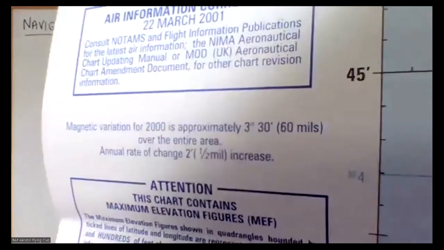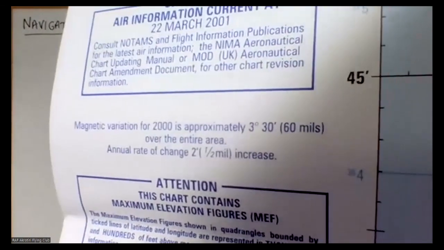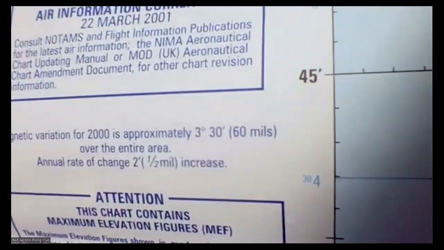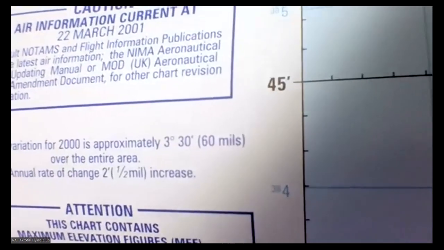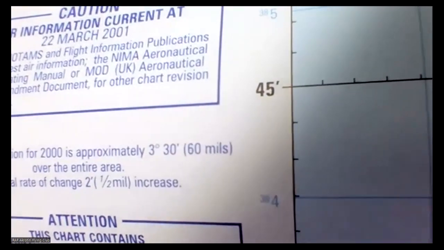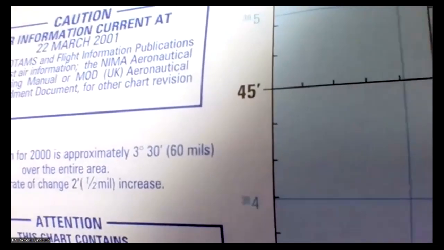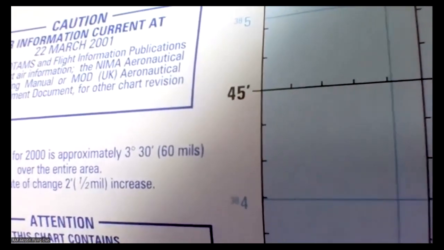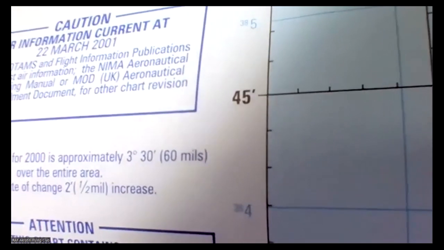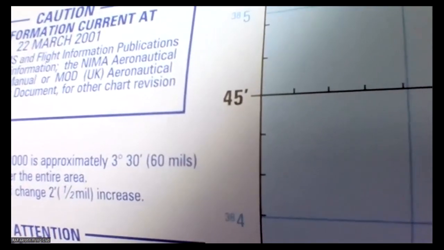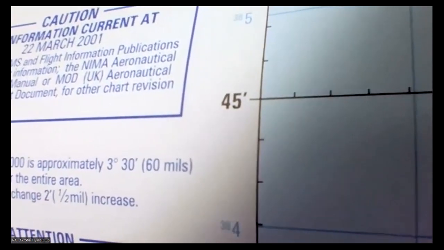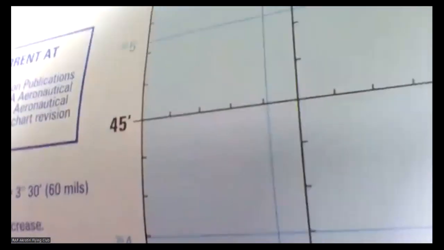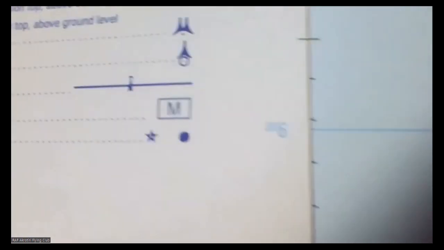Magnetic variation for 2,000 feet is approximately 3 degrees 30 over the entire area. And its annual rate of change is 2 minutes increase. So in other words, the variation for the whole of Cyprus is 3 degrees 30, but it was 3 degrees 30 at when?